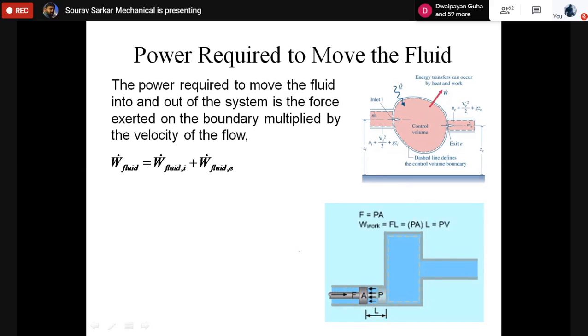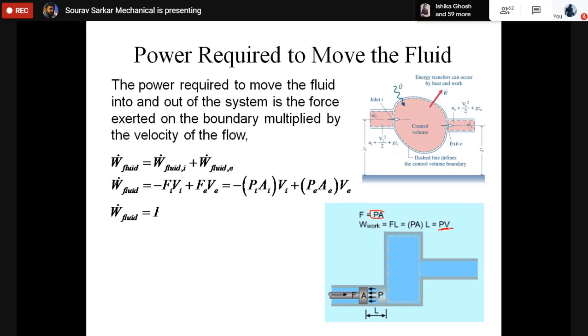So if I try to find the expression, what is that expression? We know the force is the instantaneous pressure into the area. So it will be PV. If I write it like this, the compression work is this, and this is the expansion work.